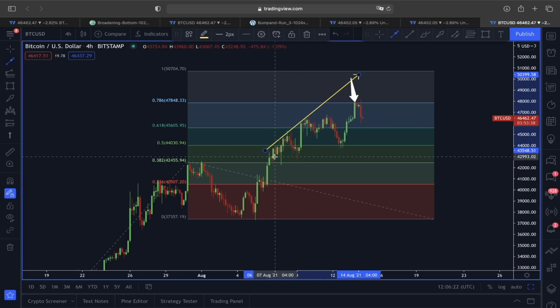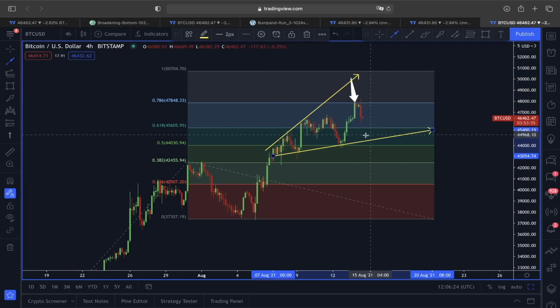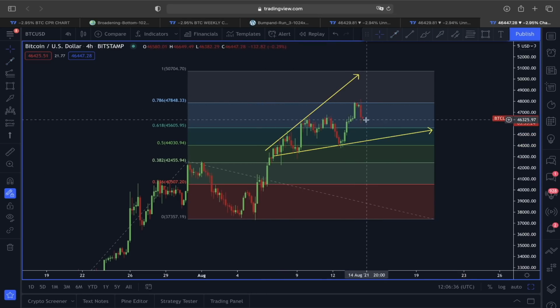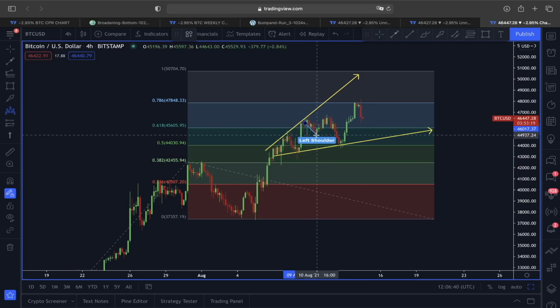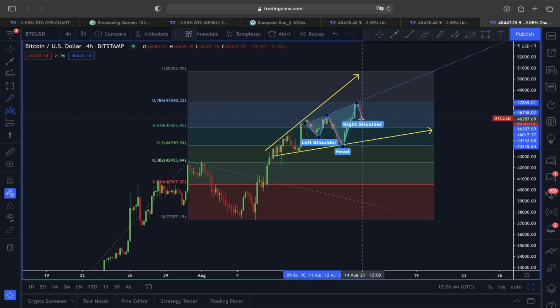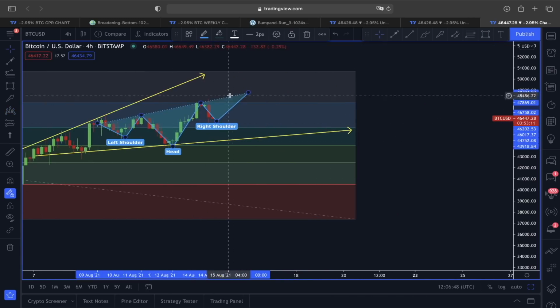So if this is going to be a retest around this lower area, we should also be absolutely fine, because this pullback right now is also forming one interesting scenario if you look at this properly, because this here looks like some sort of inverse head and shoulders type of scenario.